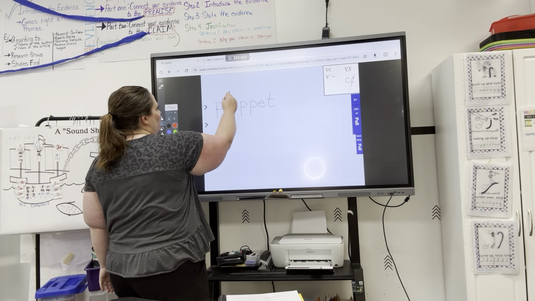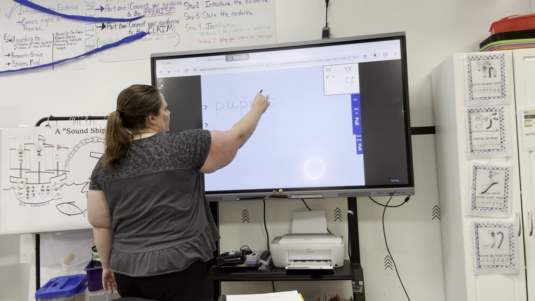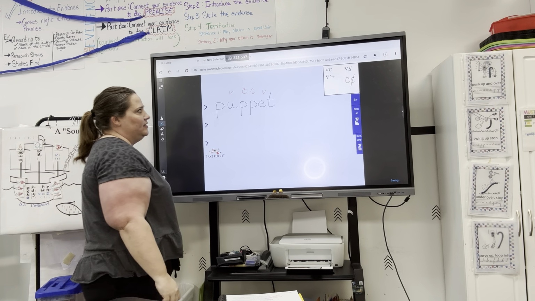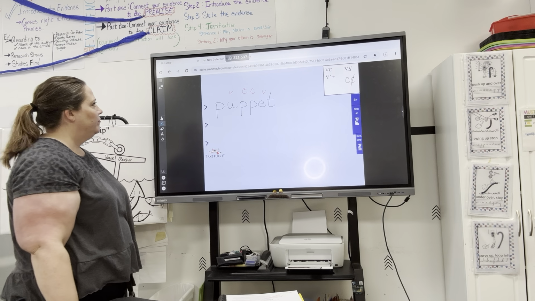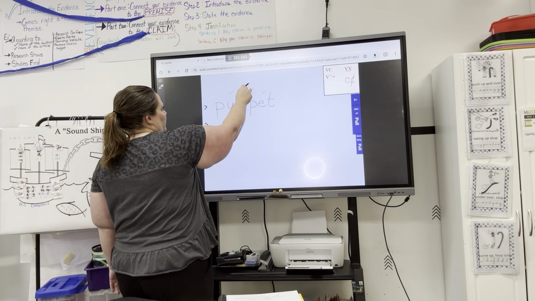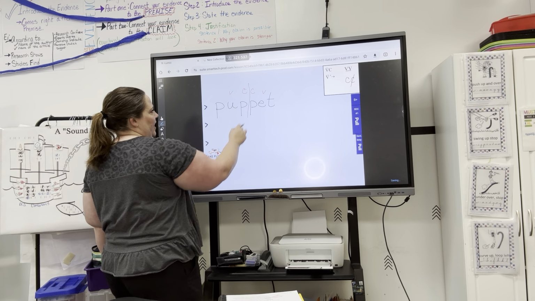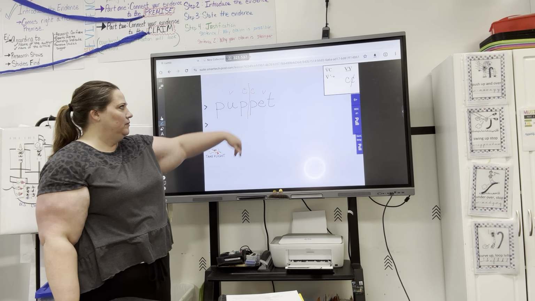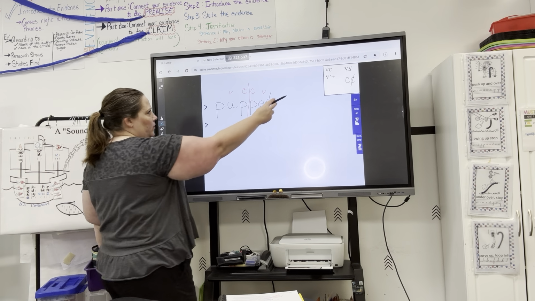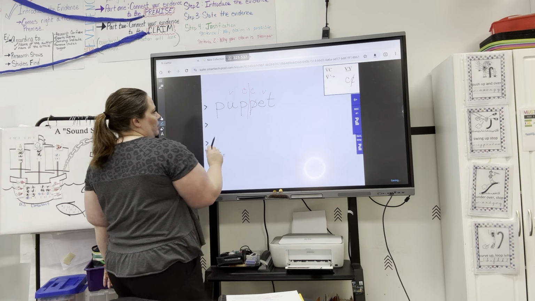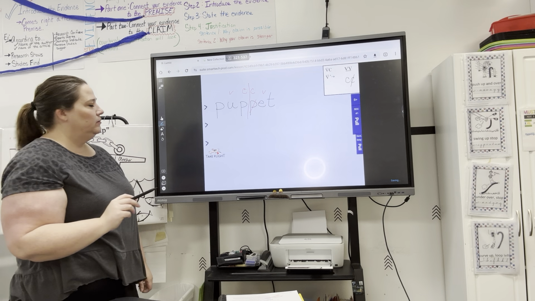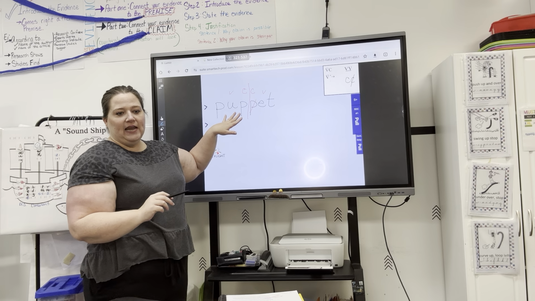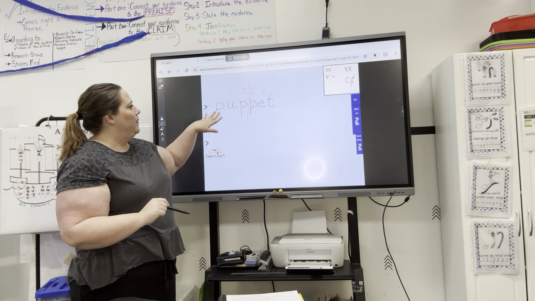We have a sounded U and a sounded E, and in between them are two consonants. So we have vowel, consonant, consonant, vowel. The rabbit rule says when we have a double consonant, we split it between the center, and we mark out the second because it's not making a sound. We have pup-et.